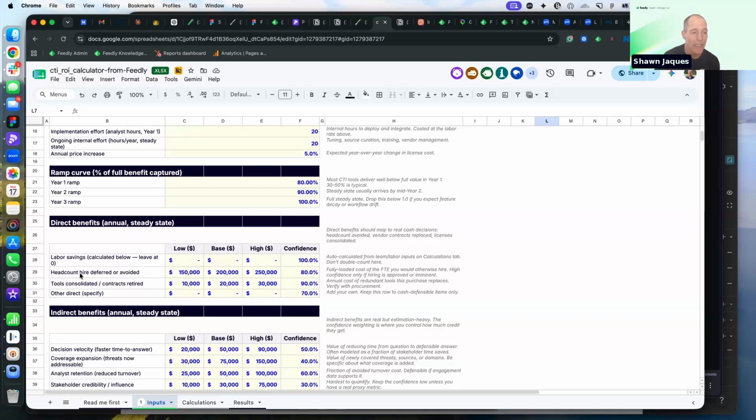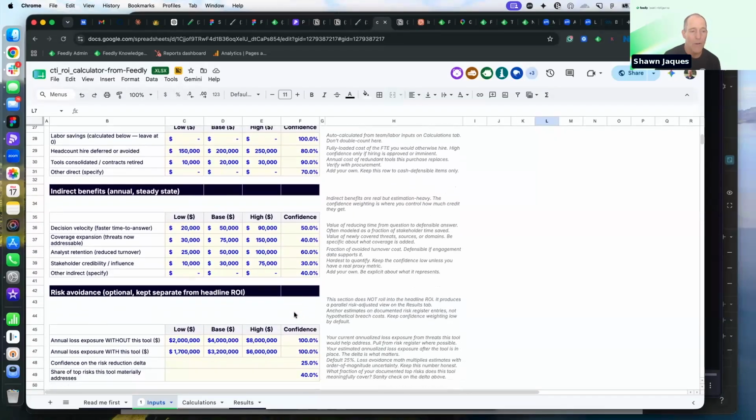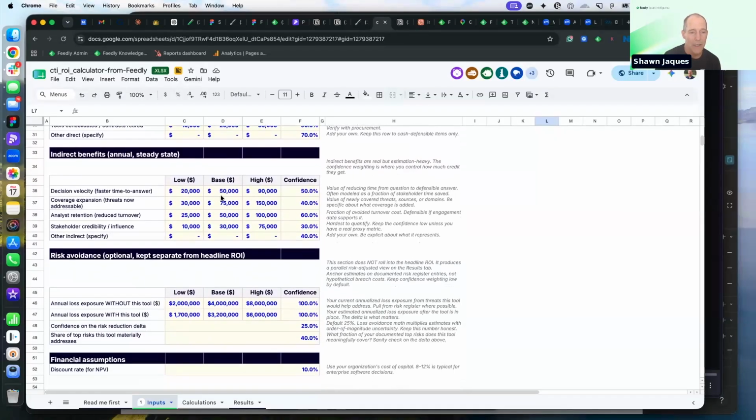If you think you might be able to delay a head count, that's great. If it's going to save you a certain amount of money, you can enter your confidence. It's a similar thing with indirect benefits, with different ways to estimate their value. And then the risk avoidance is treated as a separate thing.